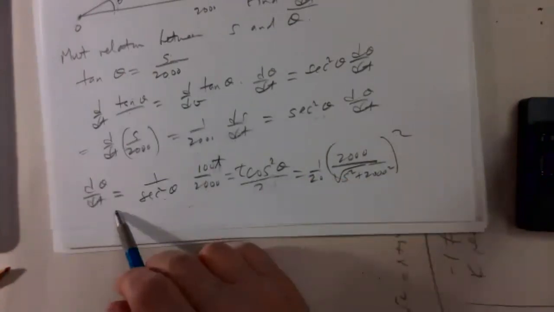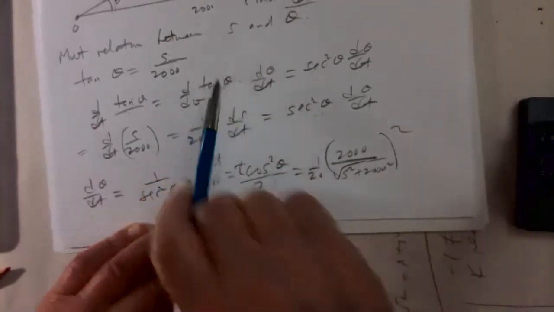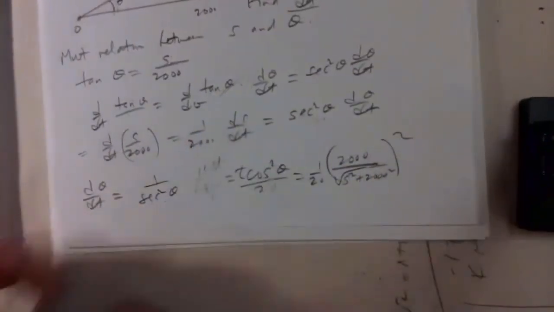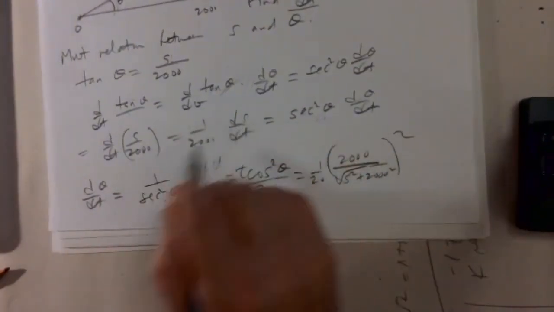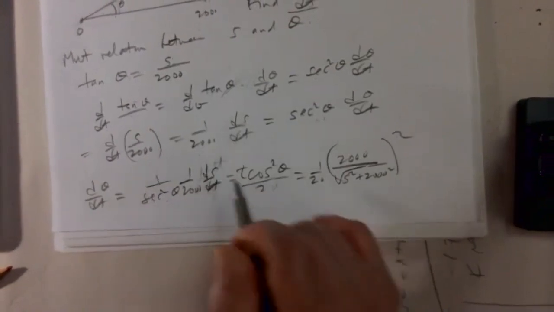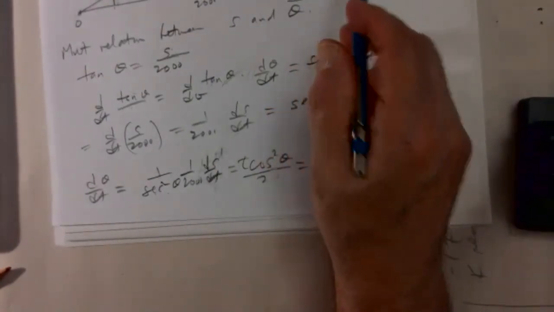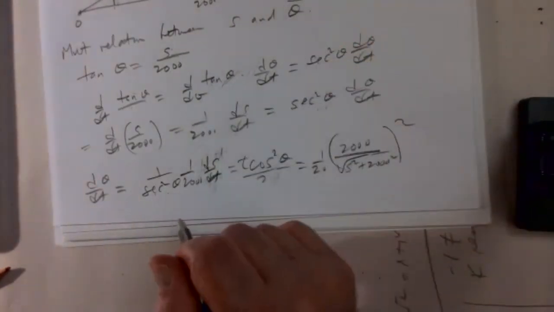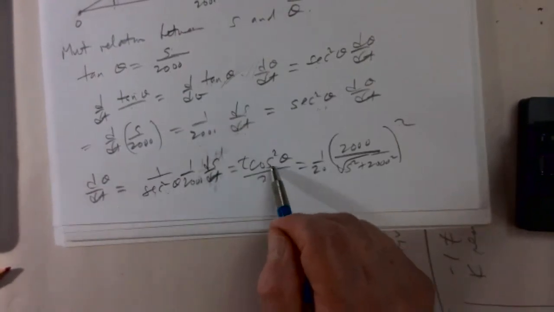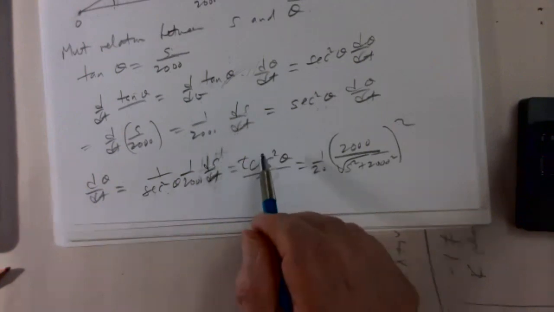So d theta dt is 1 over secant squared times 1 over 2000 ds dt. ds dt is 100t. And 1 over secant is cosine, so this is cosine squared.